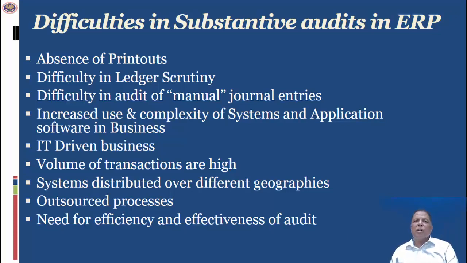The outsourcing story has just begun, and so many organizations have processes outsourced to other entities, to third parties. How do you control and assess something like this? And with competition, there is clearly need for efficiency and effectiveness of audit. So folks, auditing in ERP environments, doing it in a substantive way, is extremely difficult and time consuming.